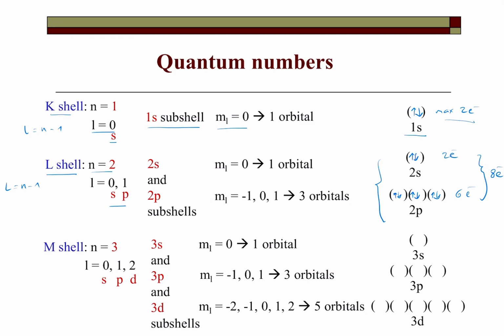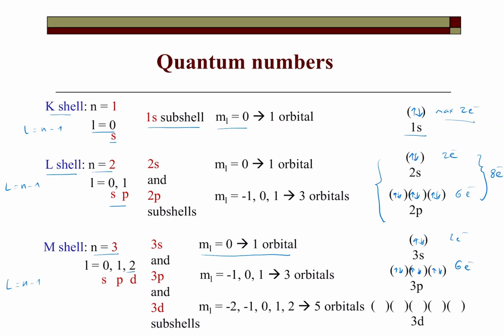In the M shell, n is 3, n minus 1 is 2. The last one in the subshell, we can have 2, and again we have the s orbital. We studied the first one, maximum 2 electrons. The second one, p, we studied before, maximum 6 electrons.